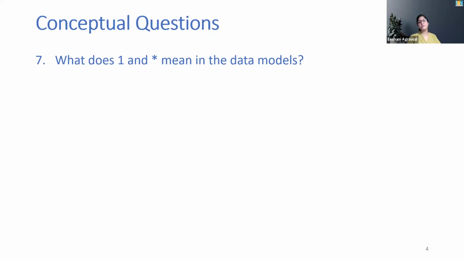Does asterisk represent a one-to-many relationship, or does asterisk represent one side of the relationship? Asterisk represents only many. Asterisk means many. So if I have a relationship where both are asterisks, then it's a many-to-many relationship. But if on one side I have one and on the other side I have many, then it means one-to-many.